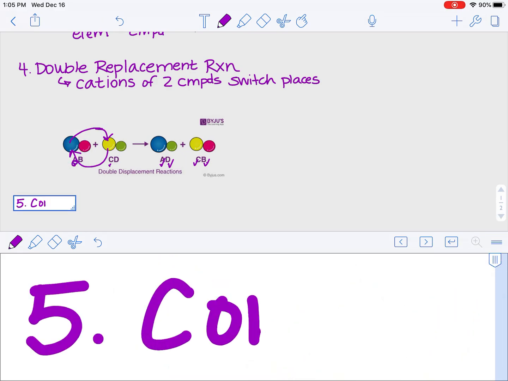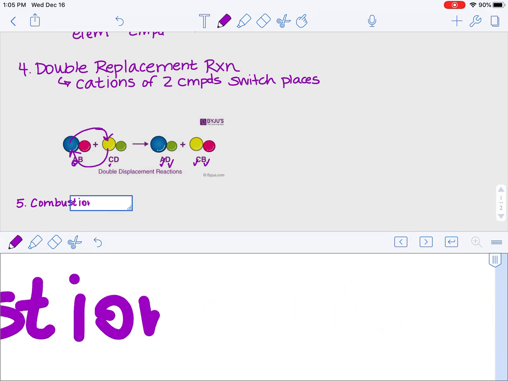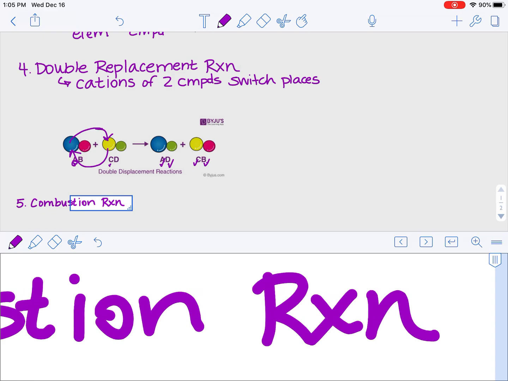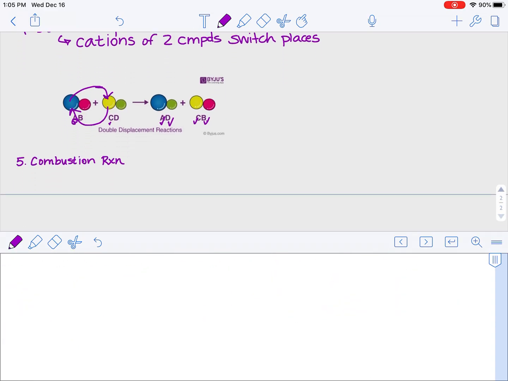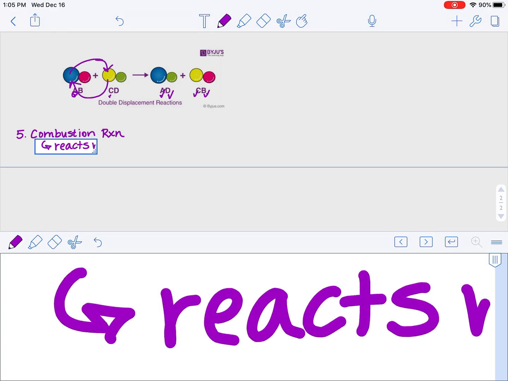Our fifth and final category is called a combustion reaction. A combustion reaction is when anything reacts with oxygen.